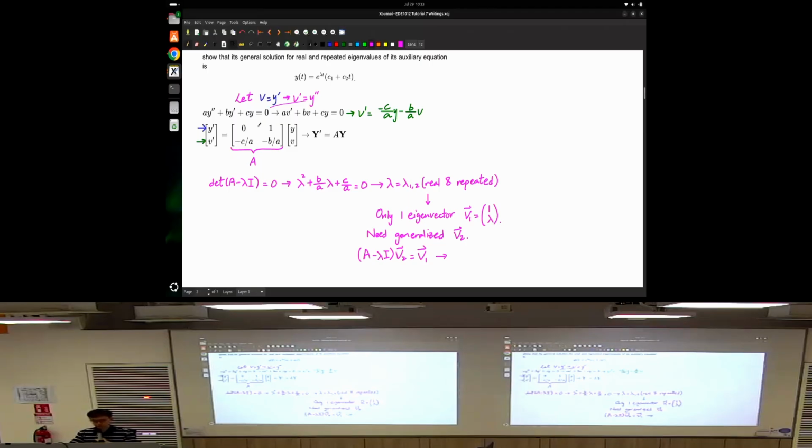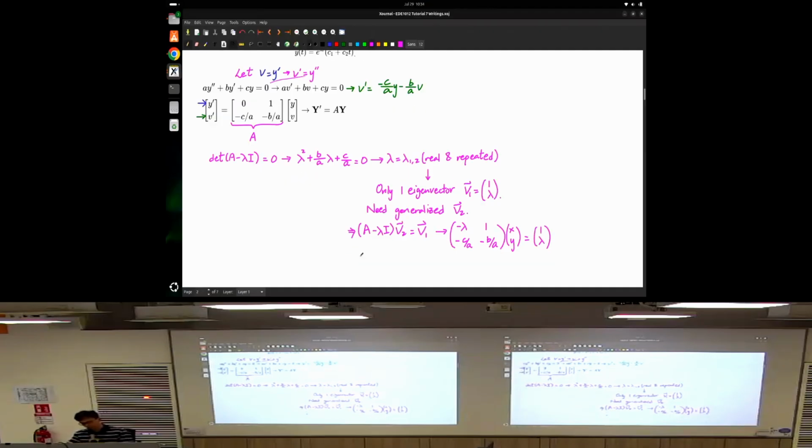This equation you can just obtain from here: minus lambda, 1, minus C over A, minus B over A, times V2, which is (x, y), then equals (1, lambda). Put your V1 on the right side because this is your generalized eigenvector equation.